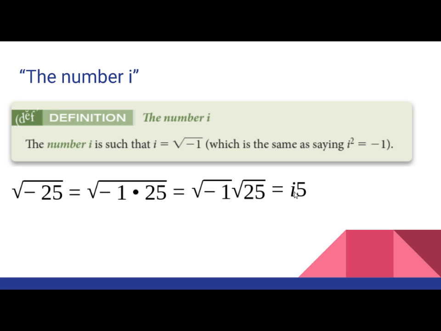Now, this is correct. i times 5 is correct. However, it's proper notation to put the numeral first. Even though i is not a variable, so 5, we couldn't call it a coefficient. It's just proper notation. We put the number first. If you put i times 5, it's technically correct, but proper notation says we put the number first.